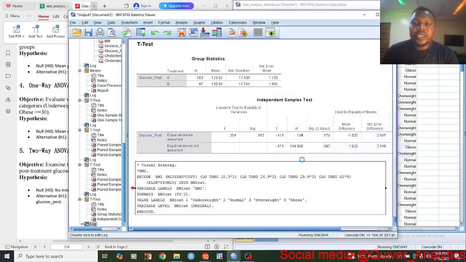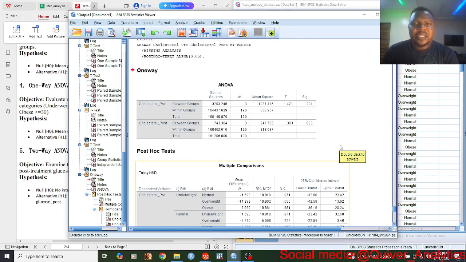Now, looking at this ANOVA, we have cholesterol pre. There are no significant differences between the cholesterol levels before the treatments, and there are no significant differences after administering the treatments.